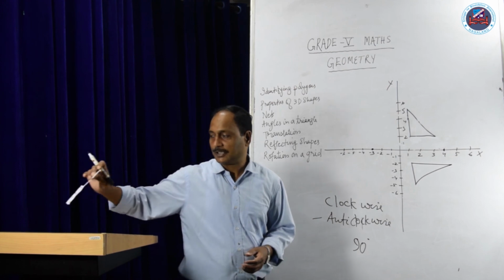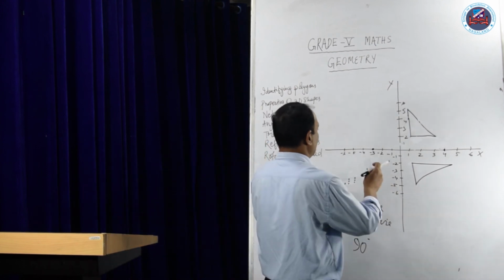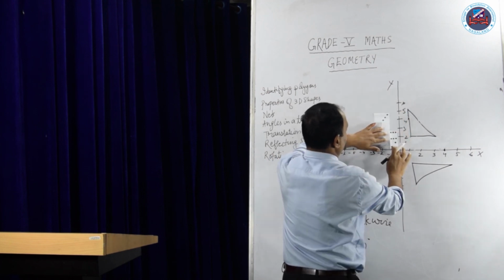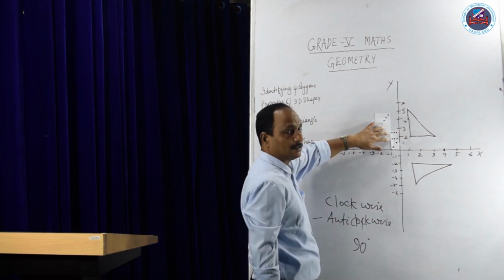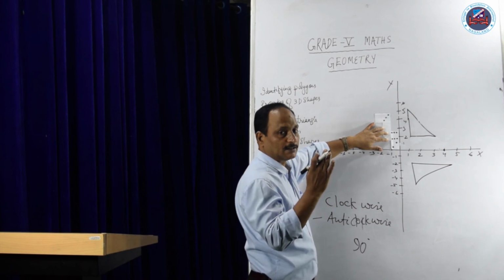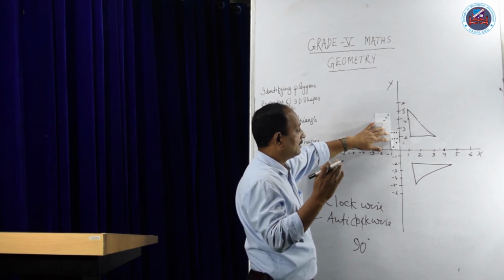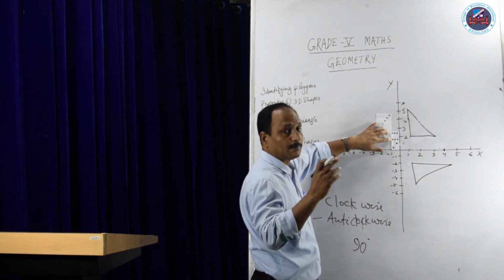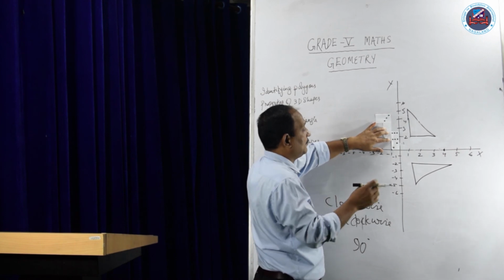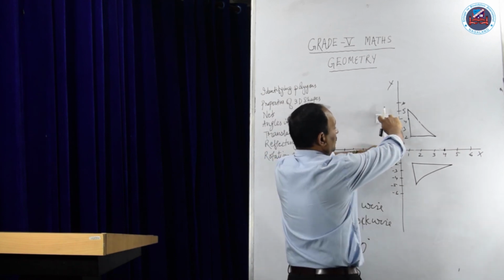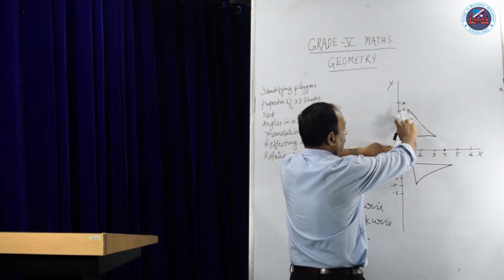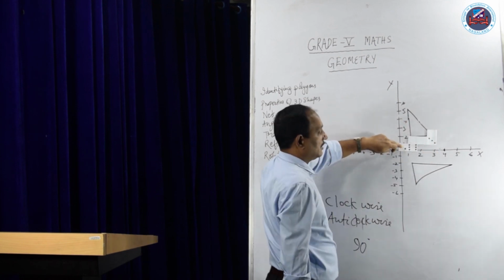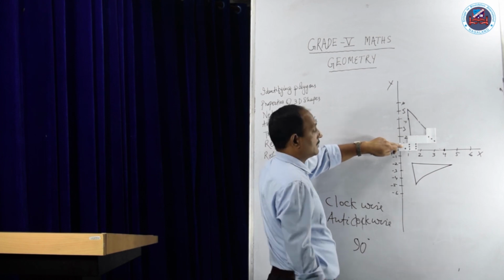Suppose I put this figure here, vertical and horizontal, when it turns by 90 degrees, it will fall and come onto this x-axis and look like this.